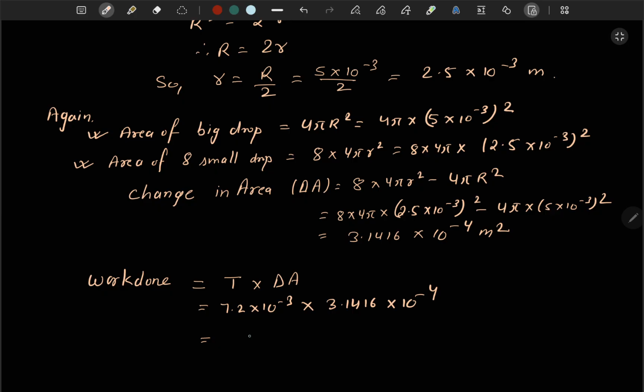This is calculated as about 2.26 into 10 power minus 5 joule. So this is the solution of the second question.